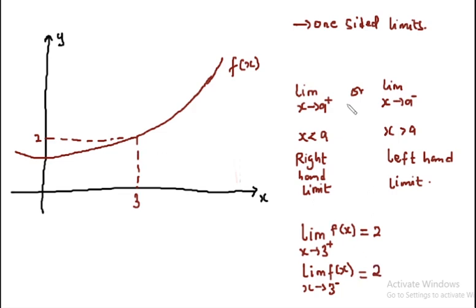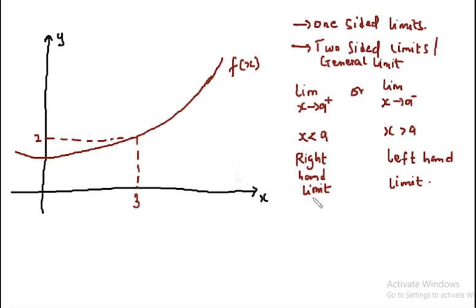So since we've talked about one-sided limits, let's talk about two-sided limits. A two-sided limit is often called a general limit. A two-sided limit exists when the left-sided limit is equal to the right-sided limit.